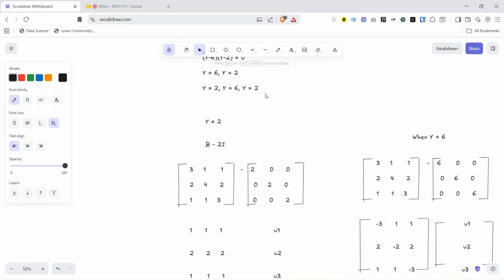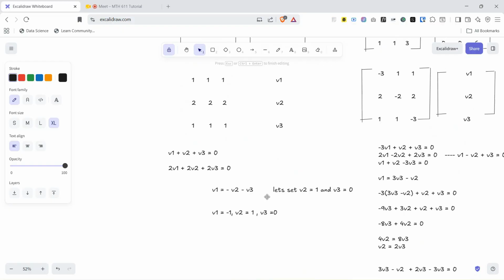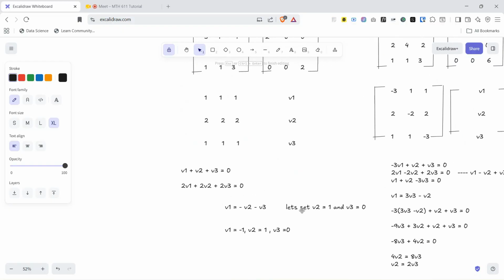We are also going to do for lambda 6. I mean, we've done for lambda 6. We are also going to do for lambda 2 again. But when we are doing lambda 2 the second time, the value we are going to be using is different. Earlier on, we let V2 be 1 and 0.